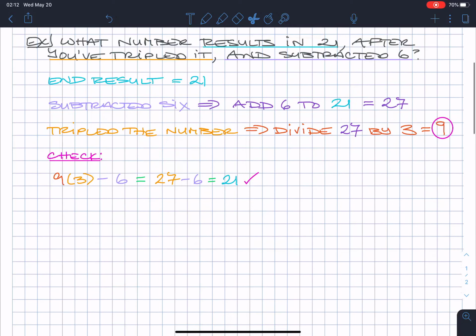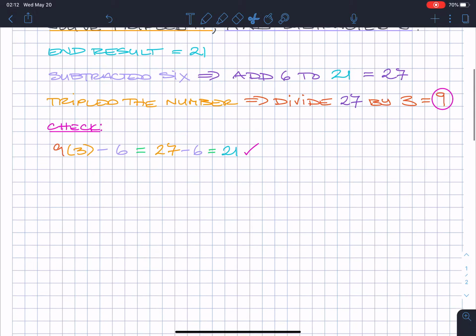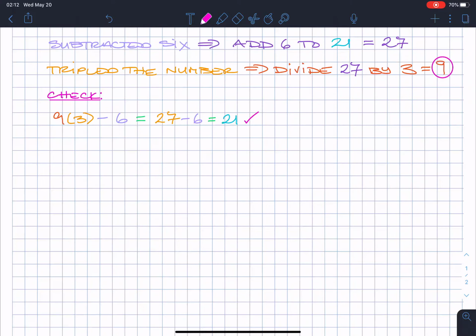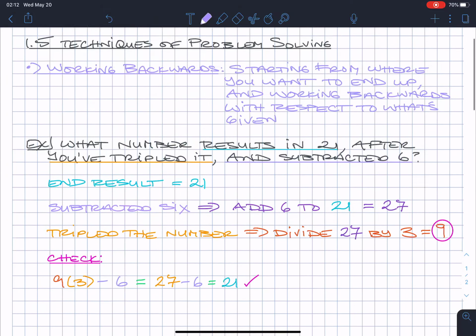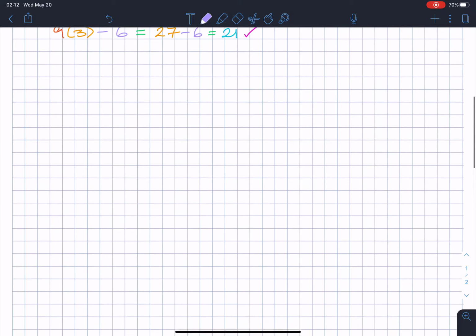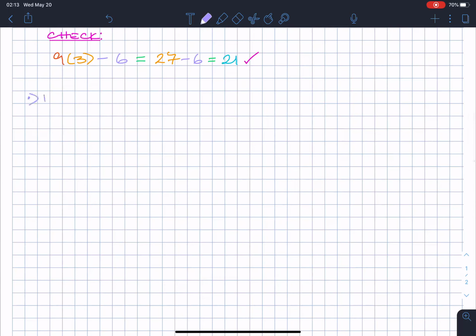Okay, so now let's do pattern recognition. This is the next type of problem solving.